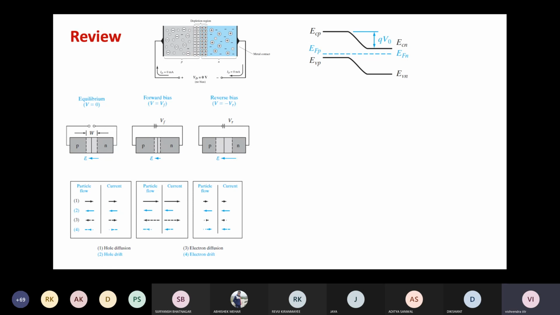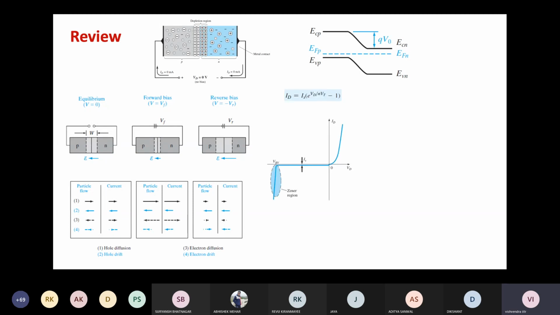Also, the MOSFET transistor, which is I would say the most important modern day electronic device, is also made out of combining several semiconductors together. Okay, so that way, spending time on understanding PN junction, its basics is worth it, because once this is clear, then all other things are easy to understand.